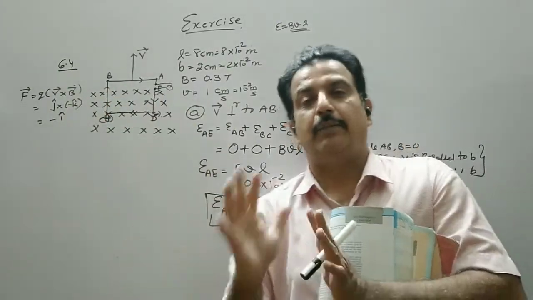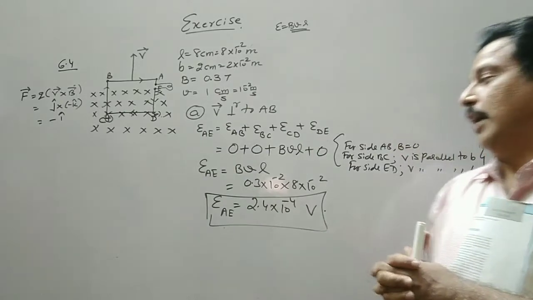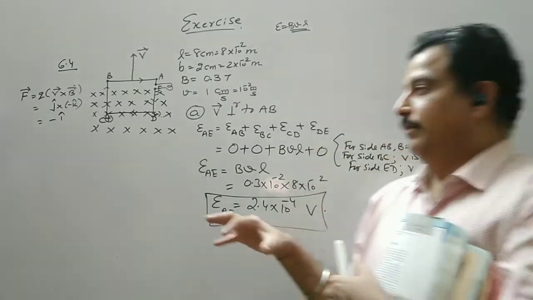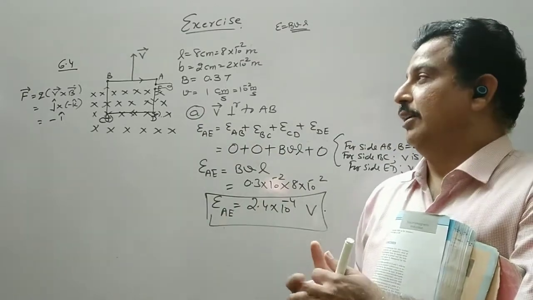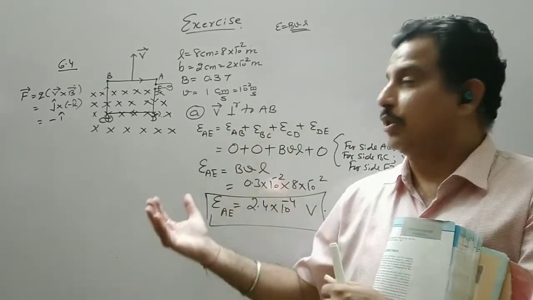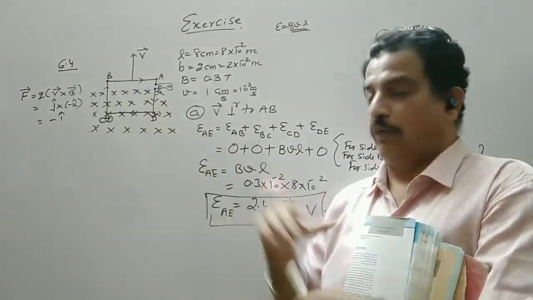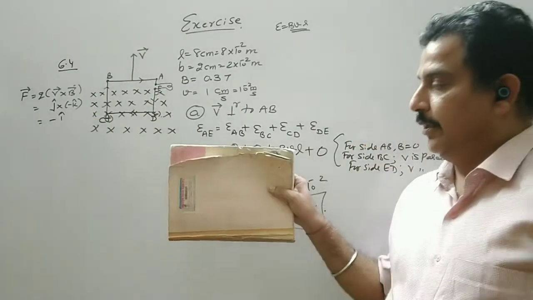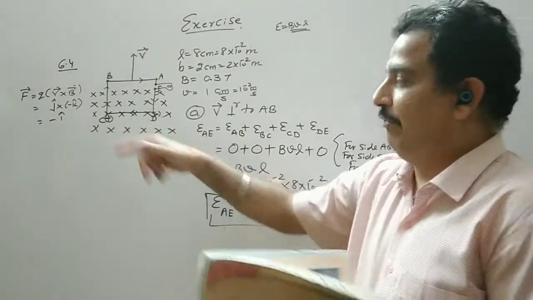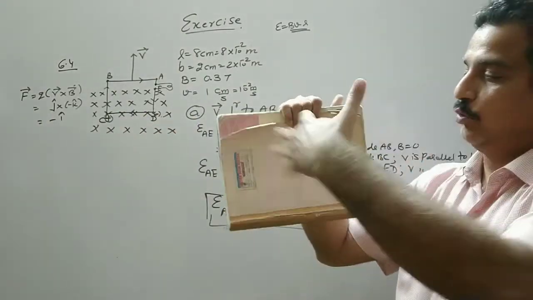It was given that the magnetic field is normal. However, if the figure is given and we want to find out the direction of the induced current, it should be clockwise. And by common sense also, this loop was placed in the magnetic field initially, so all the field lines were passing through it.